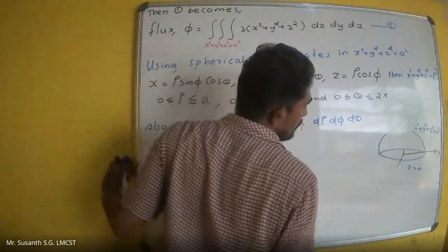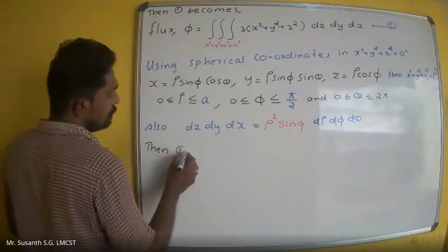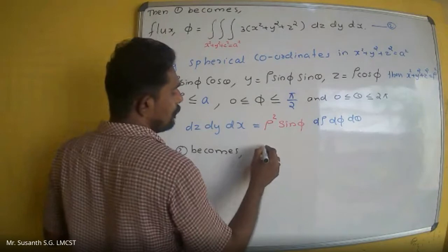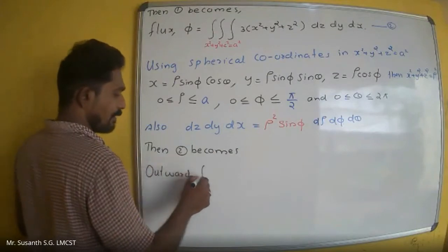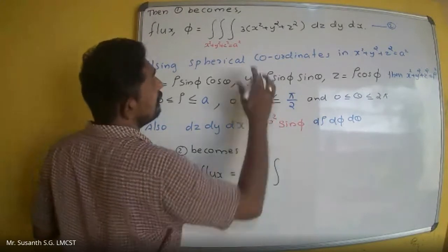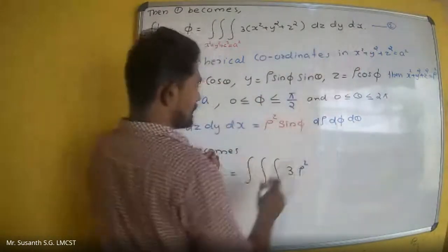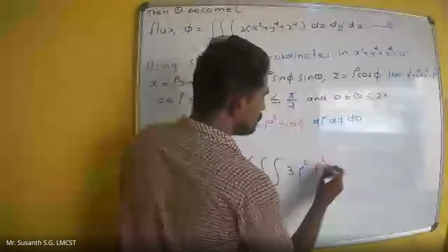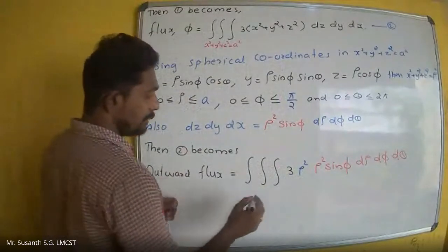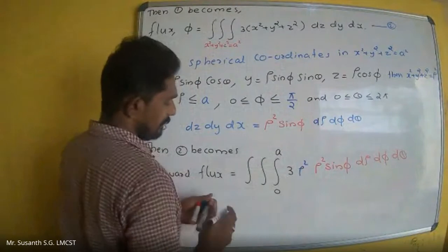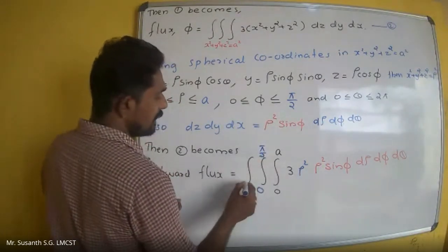Then equation 2 becomes: outward flux is equal to the triple integral of 3 rho², with dz dy dx becoming rho² sin phi d rho d phi d theta, and limits of rho 0 to a, phi 0 to pi/2, and theta 0 to 2 pi.